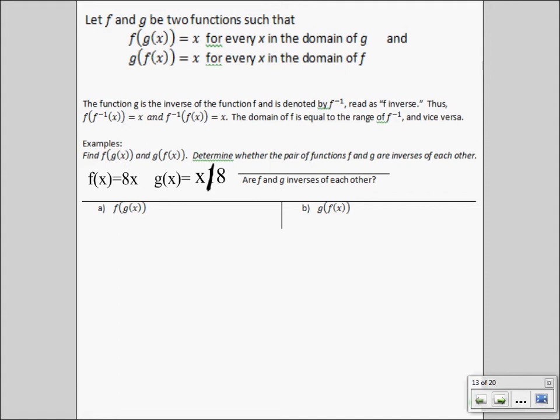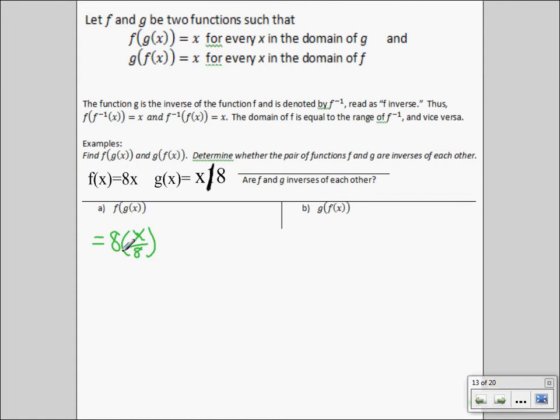So, to get started with A, we're using compositions of functions again. So we want to start by writing the part of the f of x function without having the x in there. So we'll start off with just 8, which is the beginning part of the function, and then in place of x, just write the g of x function, which is x over 8.